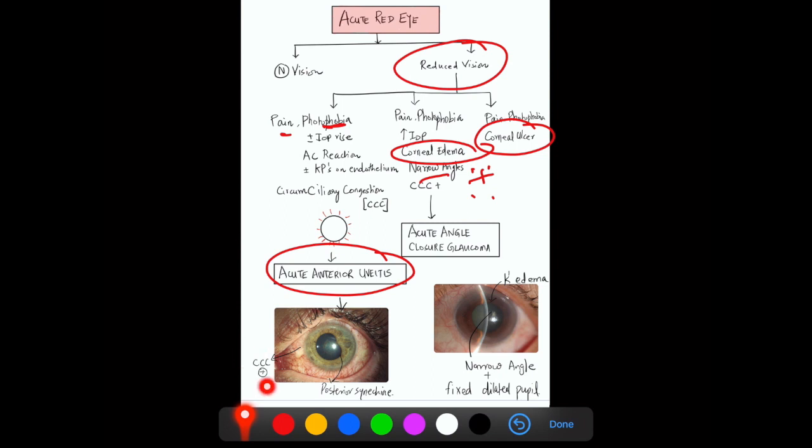In this picture, you can see the CCC along with posterior synechiae. So, normal vision, it's going to be an acute infective conjunctivitis or an acute allergic conjunctivitis. Second is going to be episcleritis. Third is the more important scleritis. With reduced vision, you have the three important ones: acute anterior uveitis, acute angle closure glaucoma, and acute keratitis.